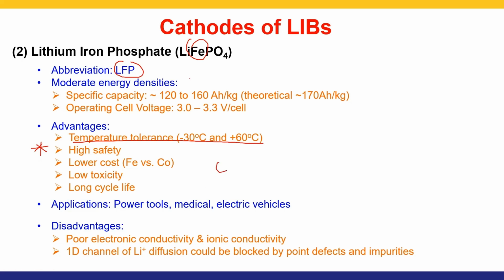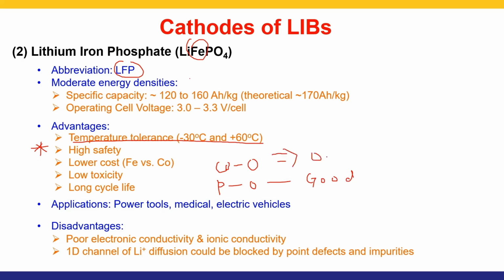This is because the cobalt oxygen bond is weaker than the phosphorus oxygen bond. As a result, oxygen will be released from the lithium cobalt oxide more easily. In other words, the LFP is more resilient to oxygen loss.